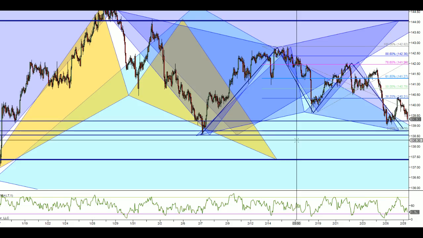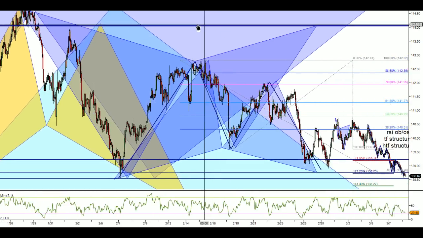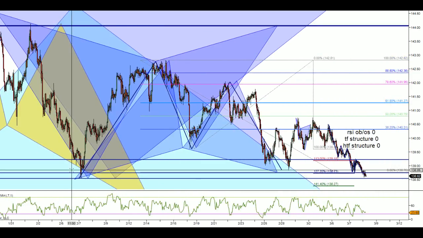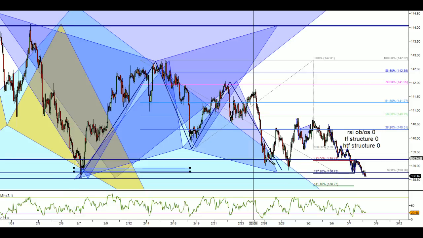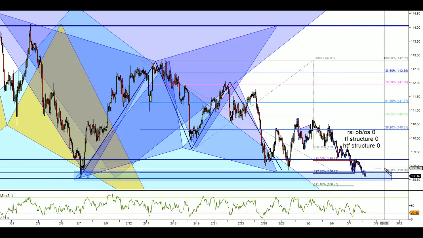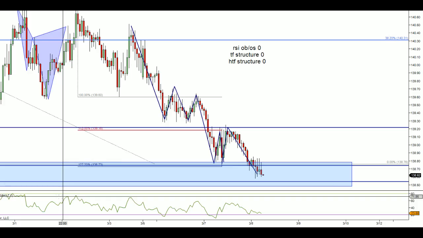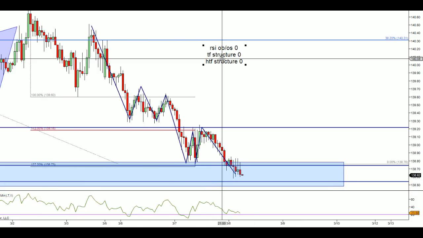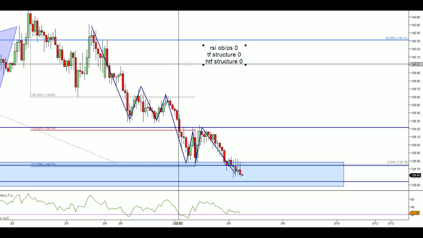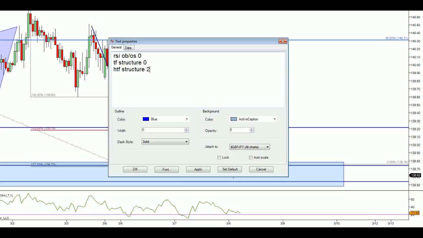Let's see. Okay, so yes, you could say that you're at structure on the 240 on the higher time frame, because we're in that little area right there. So I'd probably want to put it at a 2.